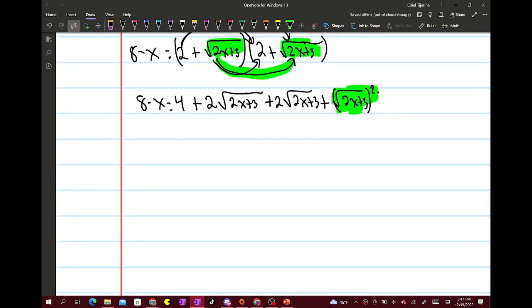So then what you're going to do is combine like terms. So you have 8 minus x equals 4 plus 4 square root of 2x plus 3, and then plus 2x plus 3.